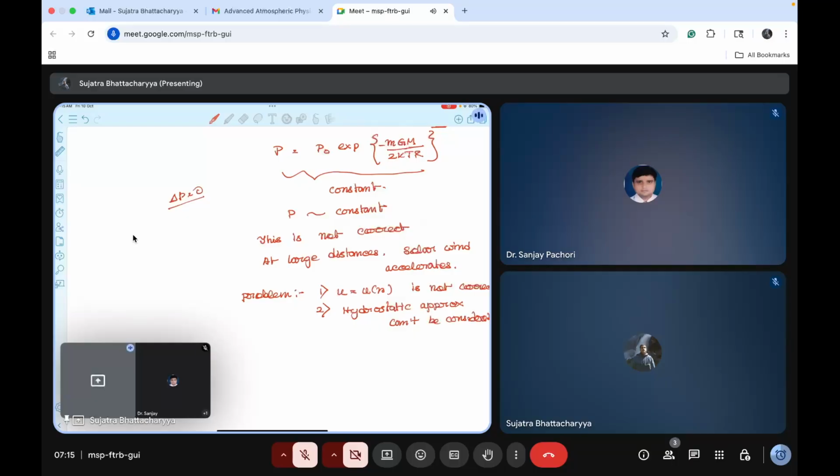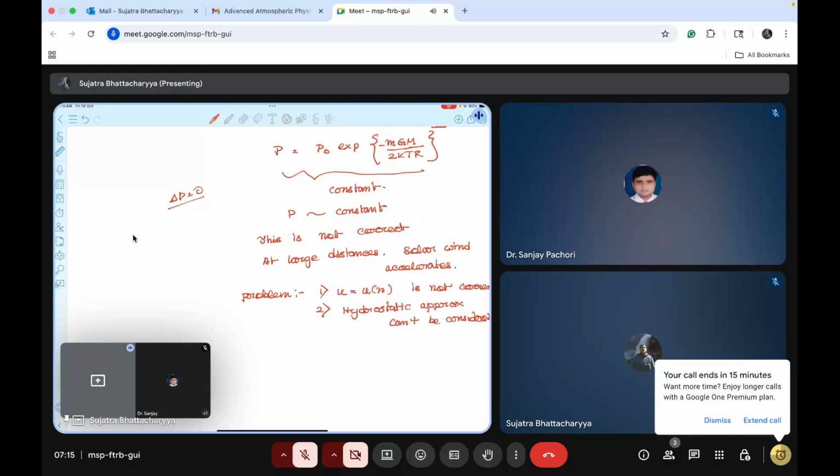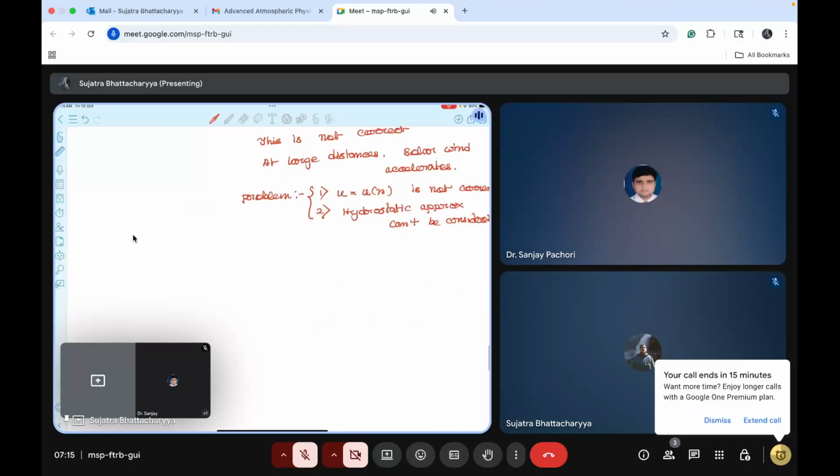Because of these two assumptions which we have made, we are getting that at very large distances the pressure is becoming constant, so there is no acceleration in solar wind. But observation shows that there is a good acceleration. So there is some problem, and the problem is because of these two assumptions. Next, we will try to improve this. Parker's theory will now be improved.